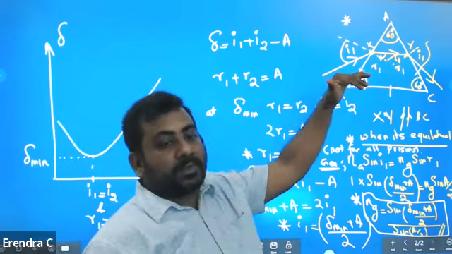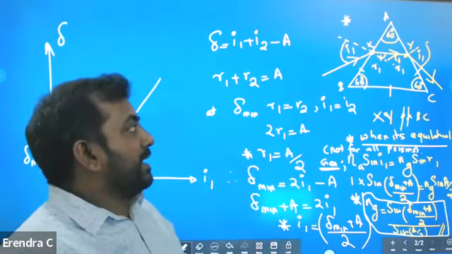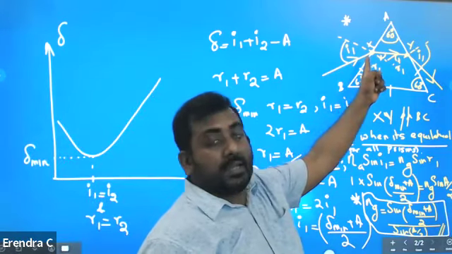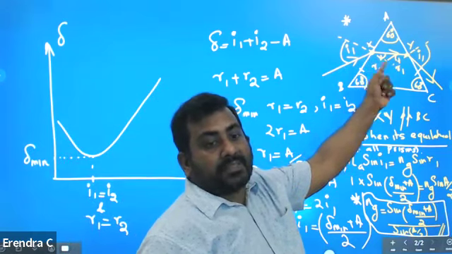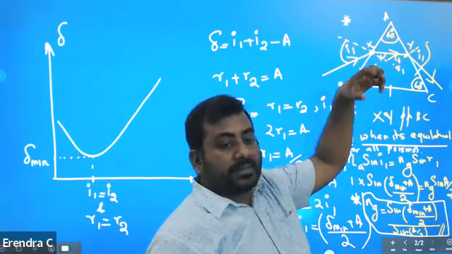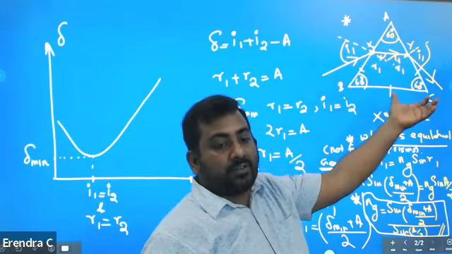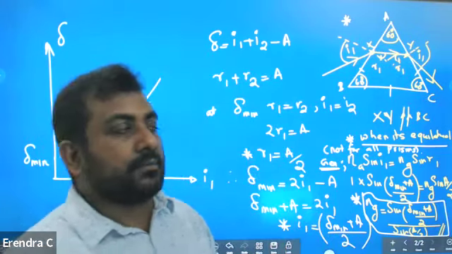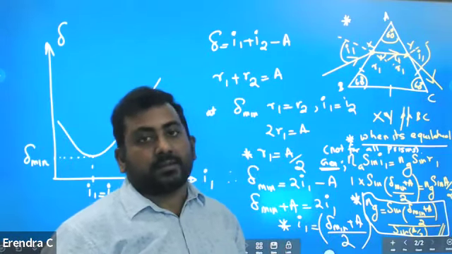For an equilateral prism, the light ray through the prism will be parallel to the base at minimum deviation.